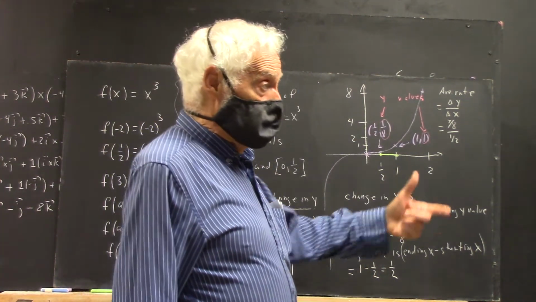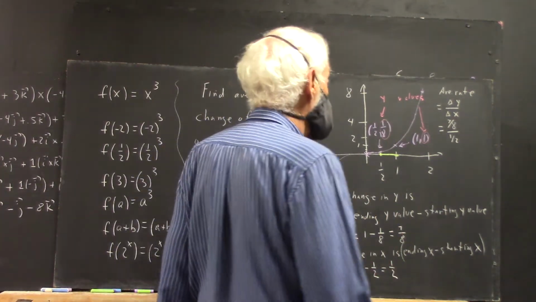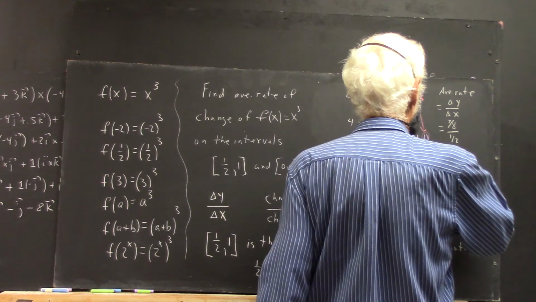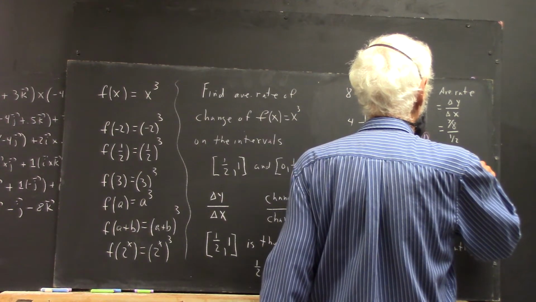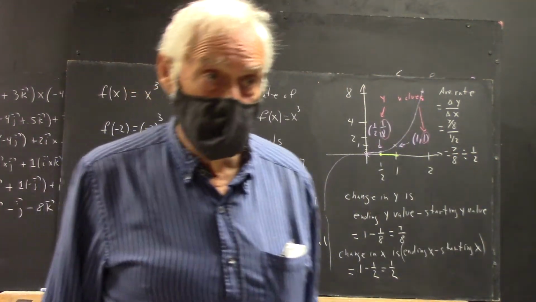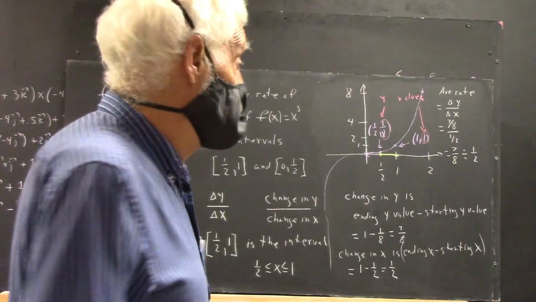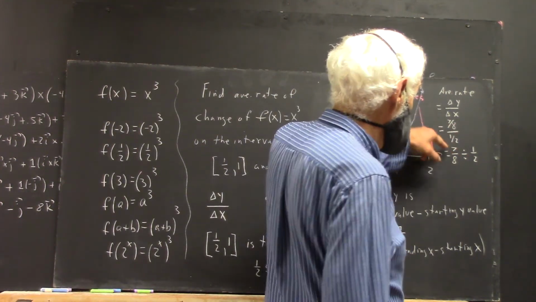I delayed it because we don't do a lot of division of fractions, but right now we've got to be able to do it. So this is 7/8 divided by 1/2. Because the fraction thing means you're dividing this by this.